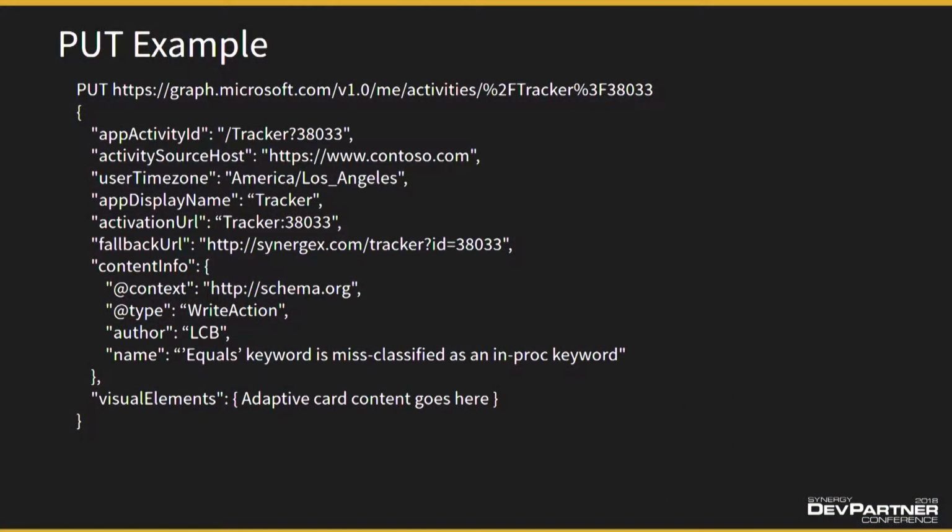So because put is important and there's a bunch of data that you're supposed to send across, I have included an example here that's very similar to what I actually ended up doing with Tracker. So I came up with a unique ID based on the program name and the tracker number, which is relatively unique, I hope. And it gets formatted as JSON and posted to this URL.